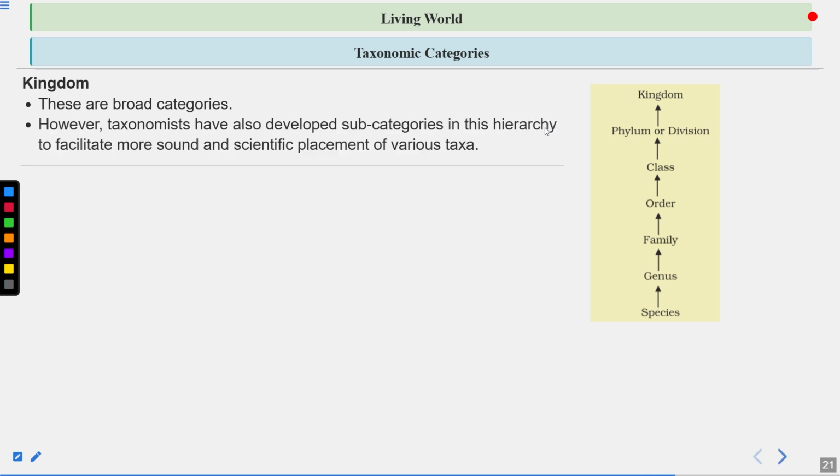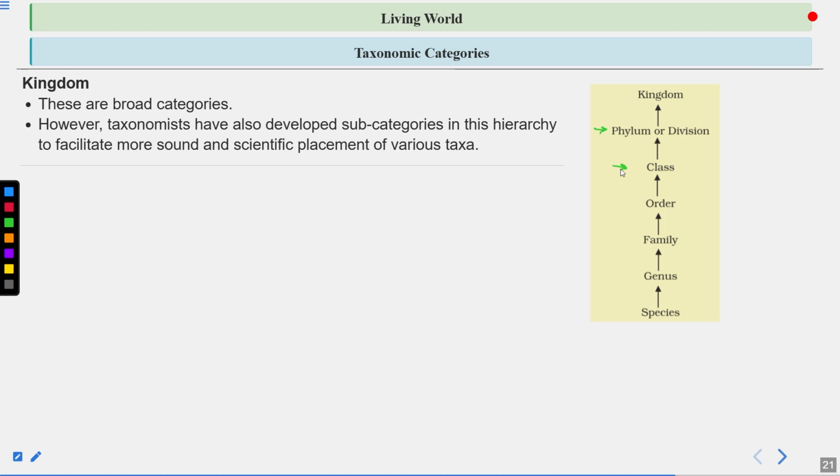However, taxonomists have also developed subcategories in this hierarchy to facilitate more sound and scientific placement of various taxa. What are these subcategories? We have the subphylum here, between the phylum and the class.